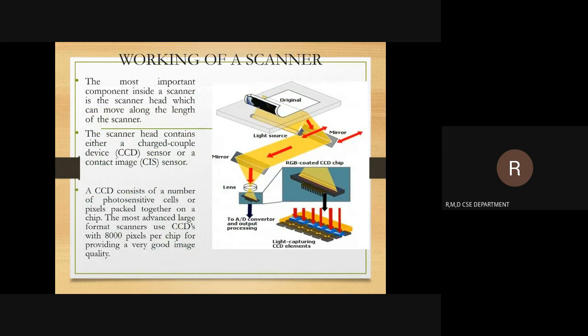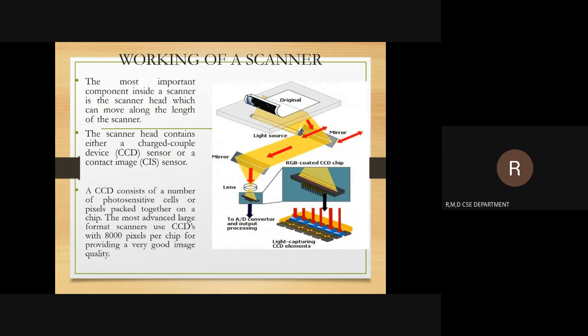Working of the CCD scanner has been seen here. You have light capturing CCD elements, and then the analog to digital converter, and then the RGB, where three types of colors, red, green and blue, are coated in the CCD chip, and we have the lenses and the mirror light source.